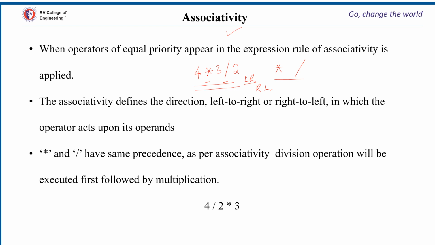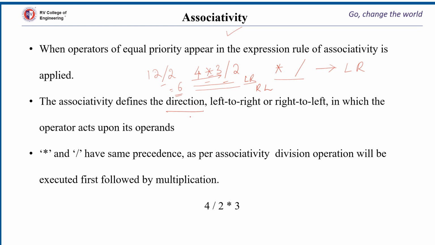So in this case, these are evaluated from left to right. Going from left to right, the multiplication appears first, so I get 12, then I perform the division operation, the result of which is 6. So associativity defines the direction, and precedence defines the priority.